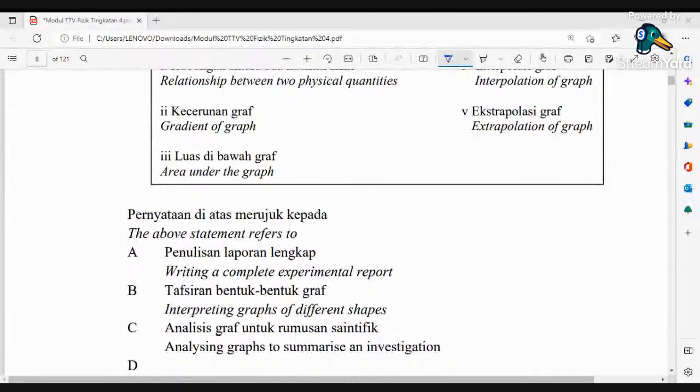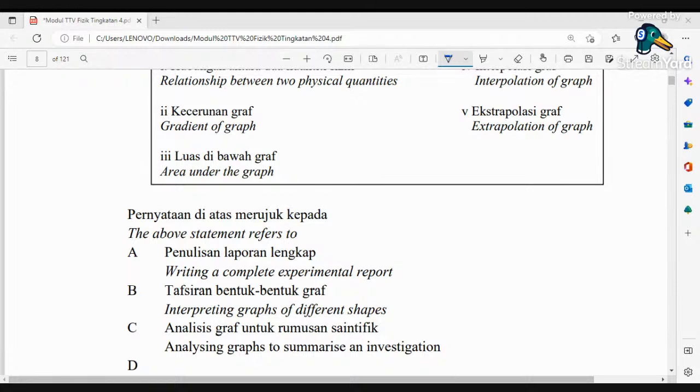Yes, Zina, amount of substance atau meter. Ampere, correct. Okay, what is the answer for this question, number 4? You have plotted the graph. Okay, you have done the experiment. So these are the process that done, like calculating gradient, extrapolation, interpolation, what we call the process. You can guess the answer.